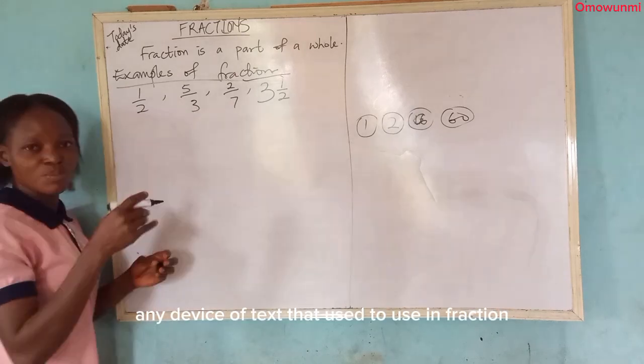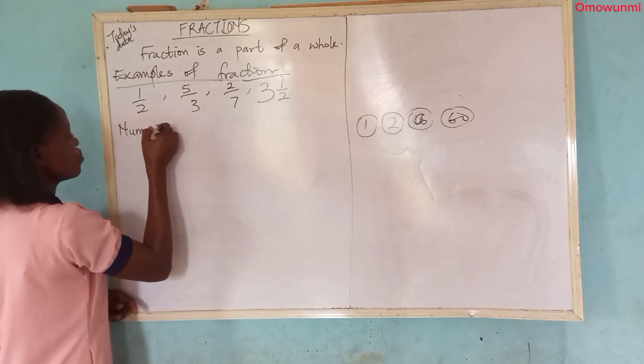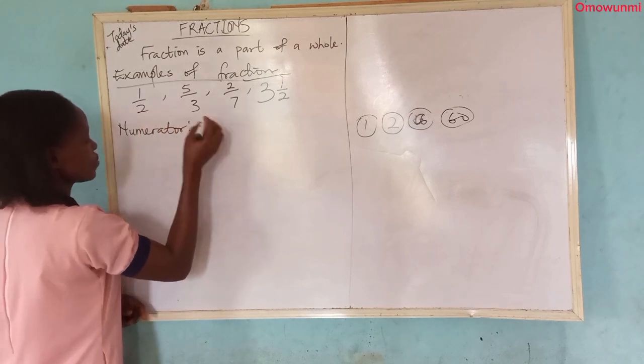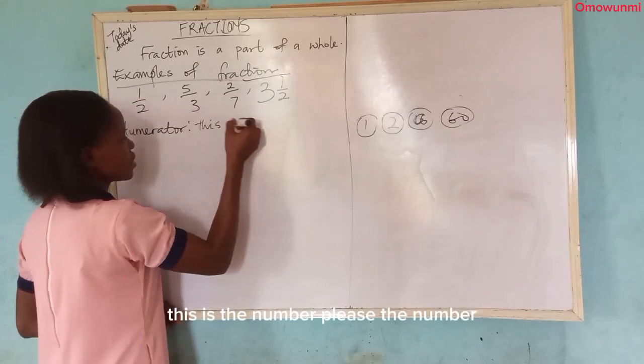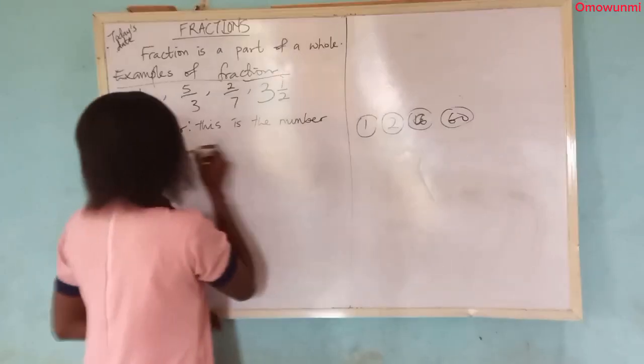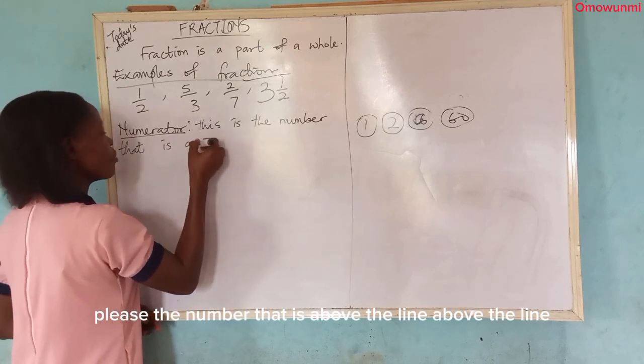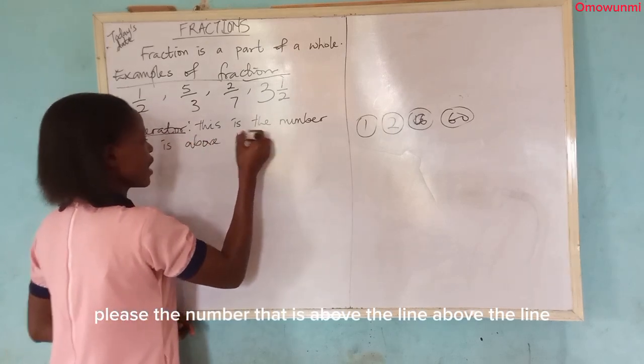Let me give us some terms that we use in fraction. We used to say numerator. This is the number that is above the line.